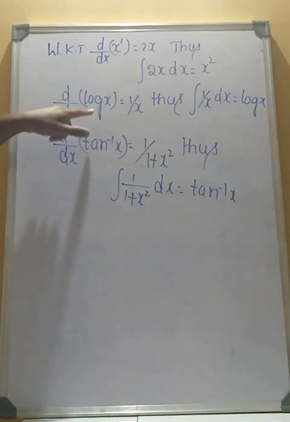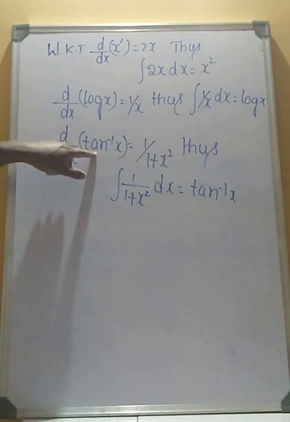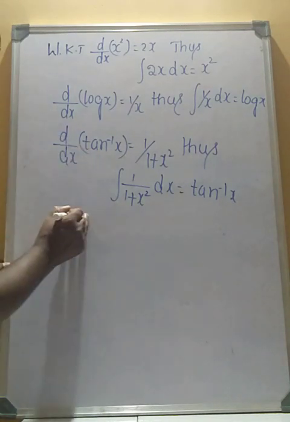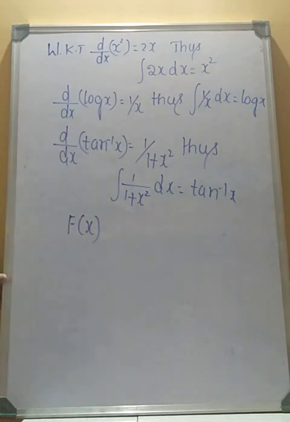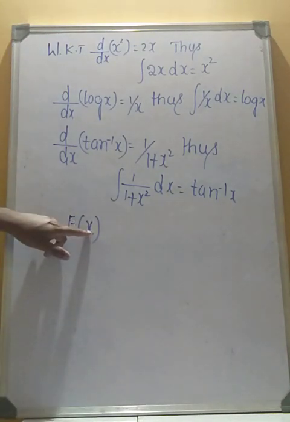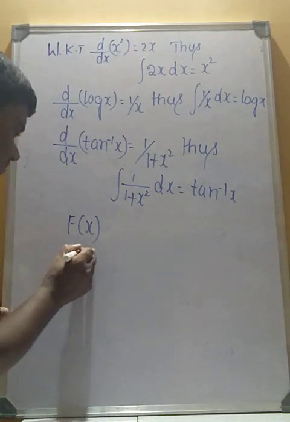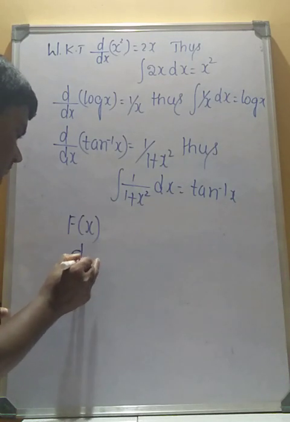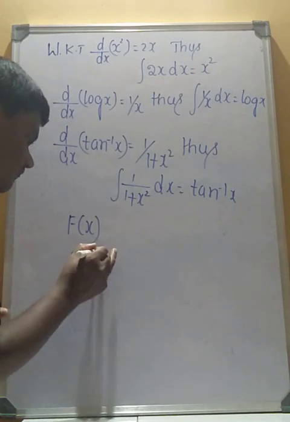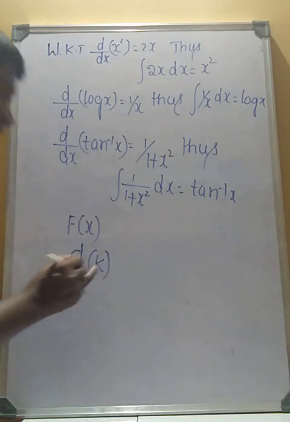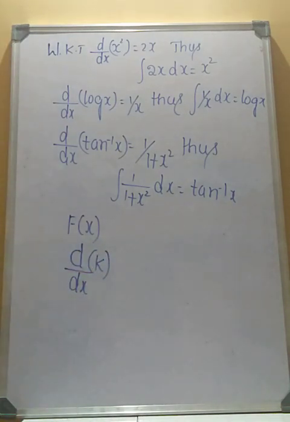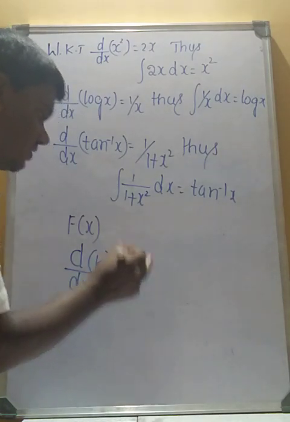The process of finding a function f of x whose derivative is capital F of x is known as integration or anti-differentiation. Also, we know that the derivative of a constant k, where k is a constant, is 0.